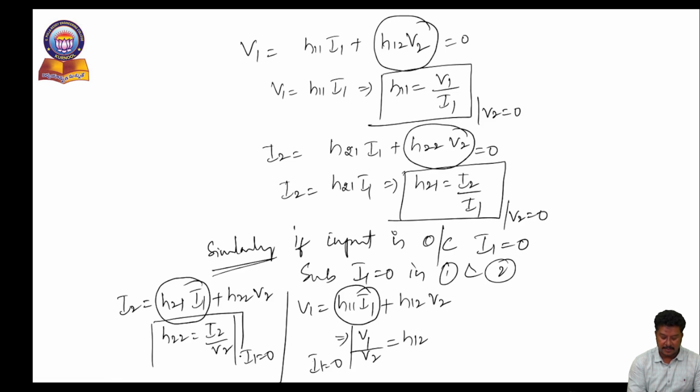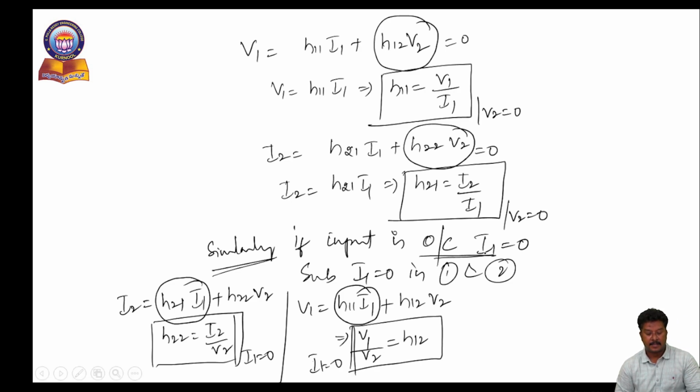These are the remaining two equations what I am achieving from the second equation by making the condition input as open circuit. So finally, I am extracting the values of H11, H21, H12, and H22. So from this, by applying the open circuited and short circuited conditions, finally I am extracting the four parameters.